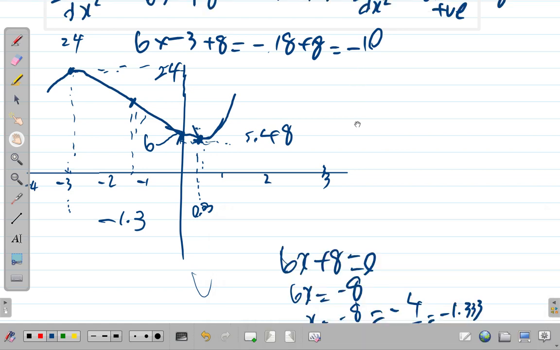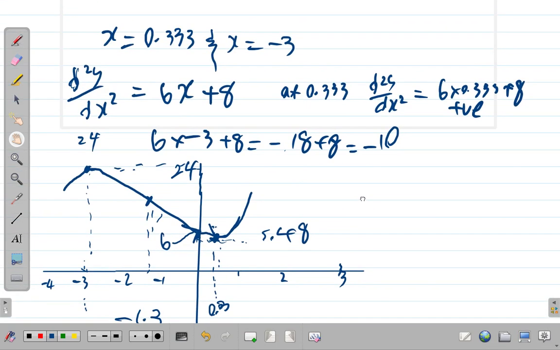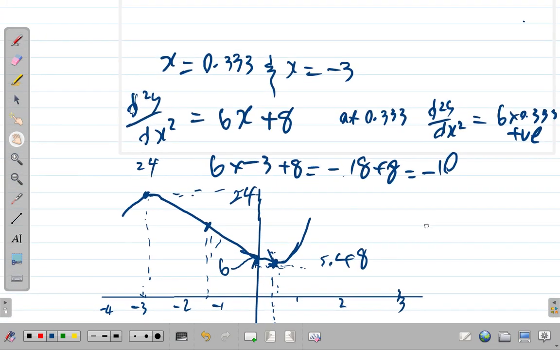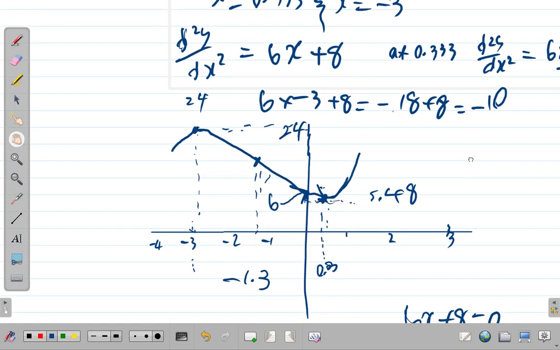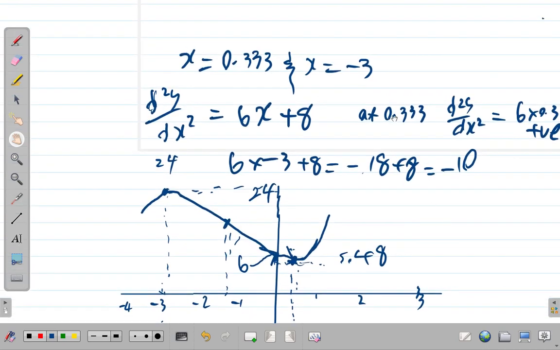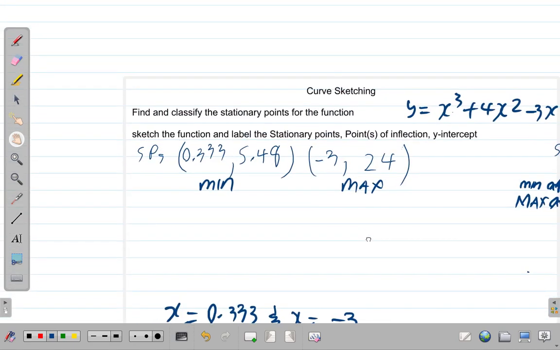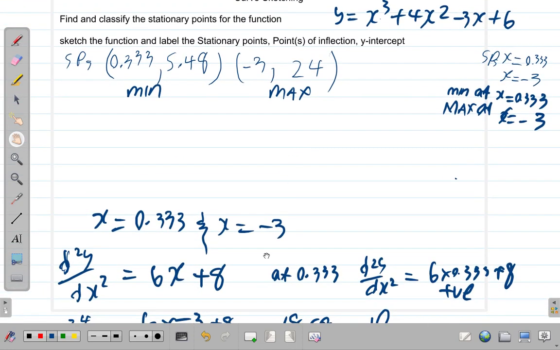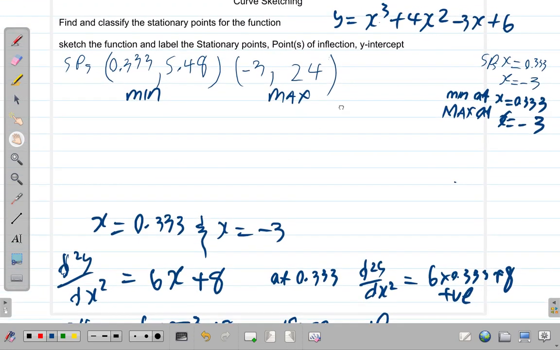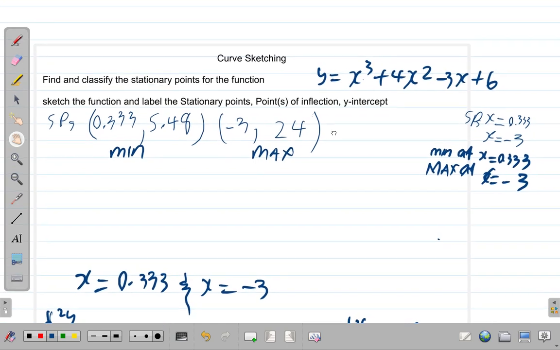By the way, you say the y-intercept is at 6. Let's look at something else too. We wanted the y-intercept.